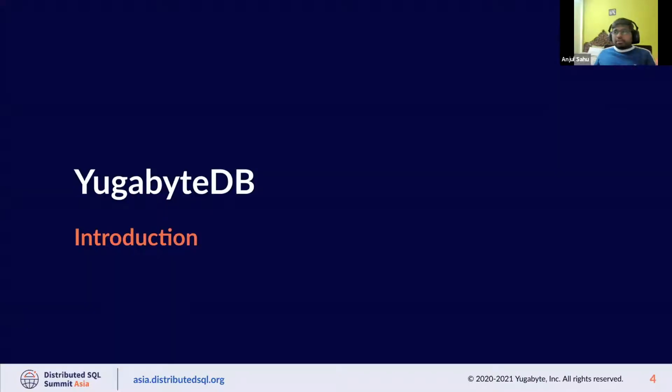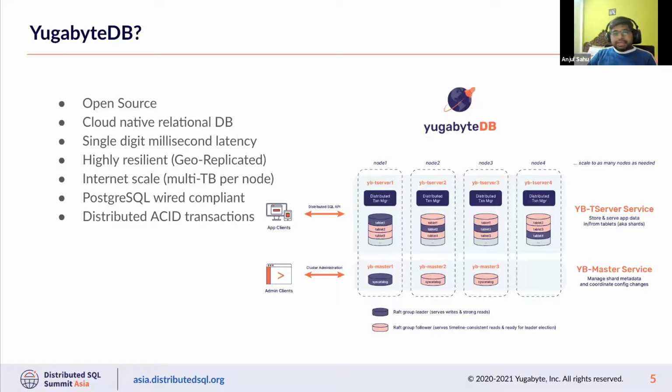So, what is YugabyteDB? YugabyteDB is an open source database written in C++, and it can be deployed on various platforms like Kubernetes, public cloud environments, and VMs. It is a very high performance database with single digit millisecond latency.